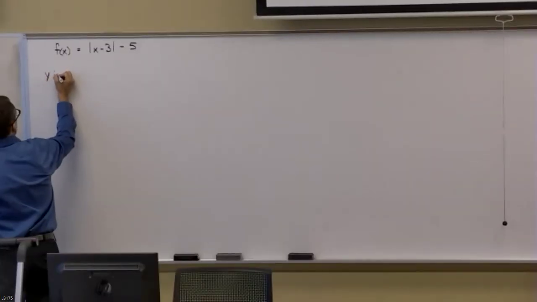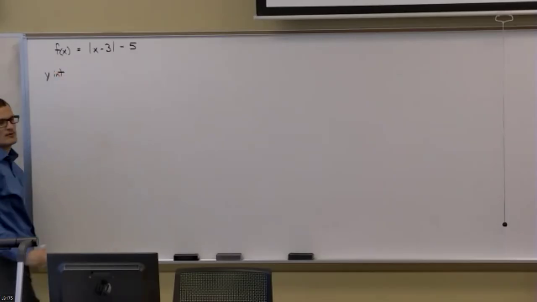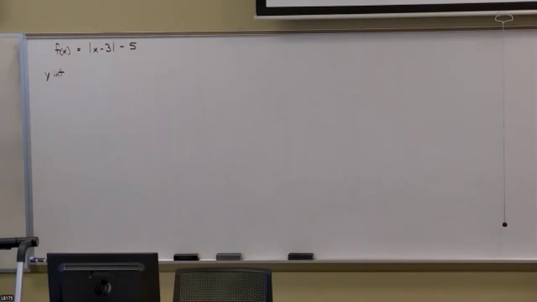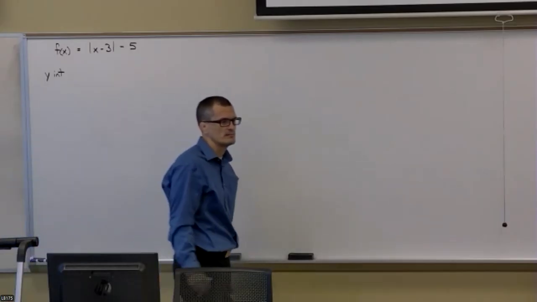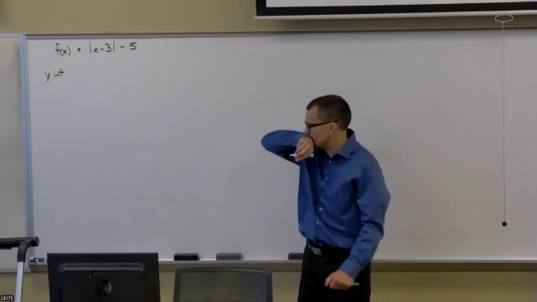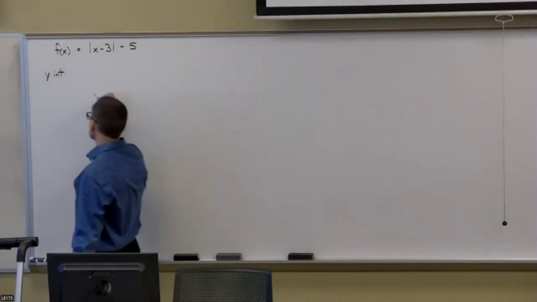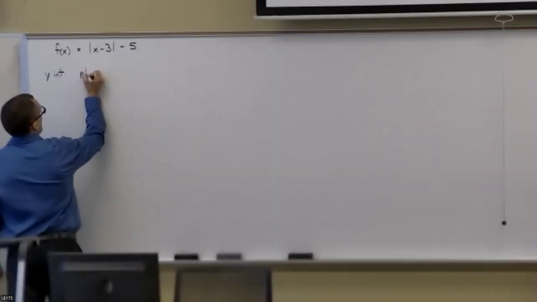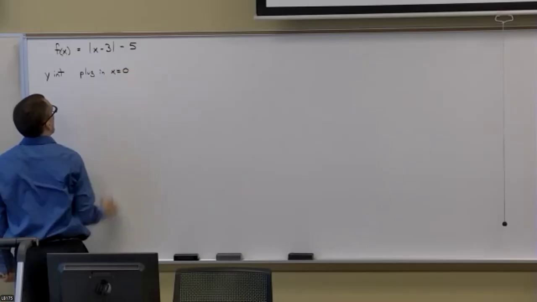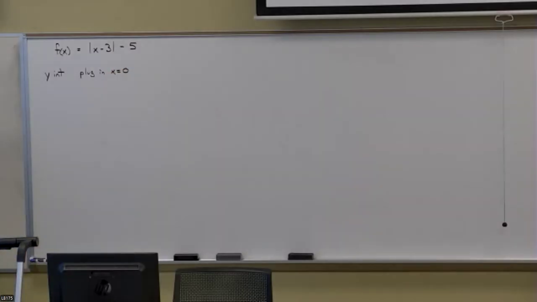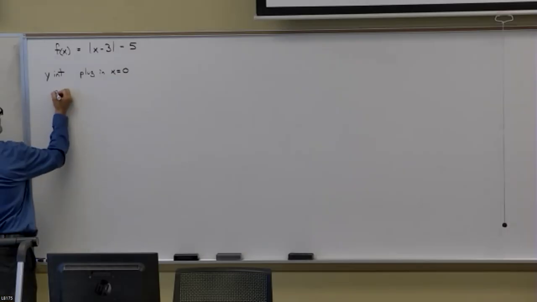I'm going to find the y-intercept first. On this absolute value function, because it's a nice continuous function, you're always going to get one y-intercept. Whenever we find the y-intercept, we're going to plug in x equals 0 into the function.